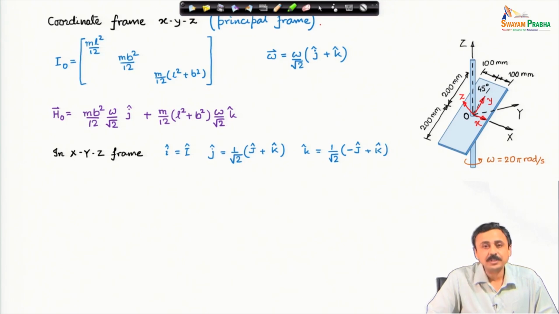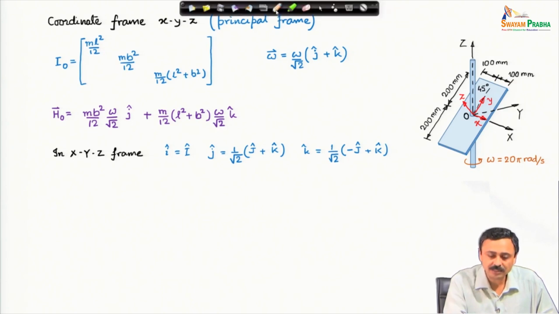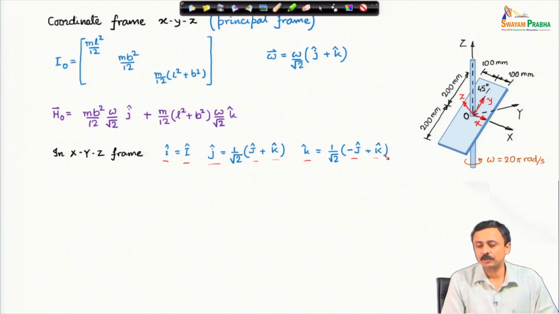Now, if I want to represent this angular momentum in the capital X Y Z frame, as we have discussed before in another problem, we represent the lowercase i cap, j cap, k cap in terms of the capital I cap, J cap, K cap, and that is quite straightforward in this situation.